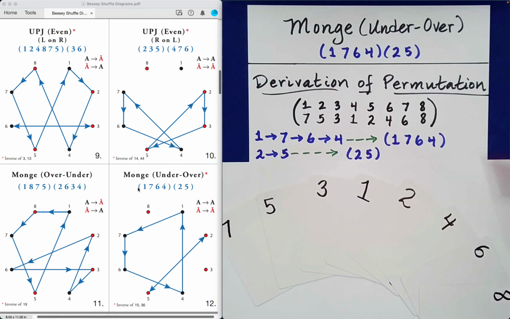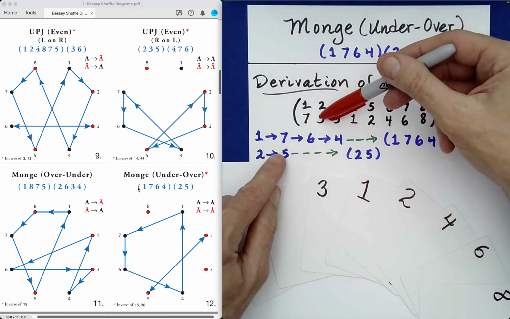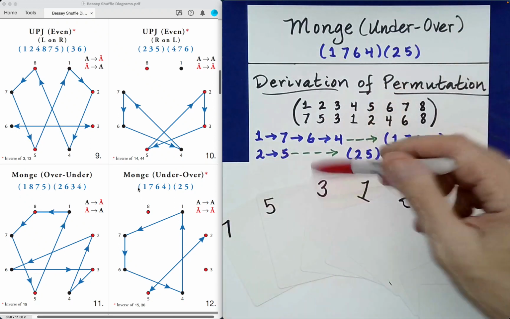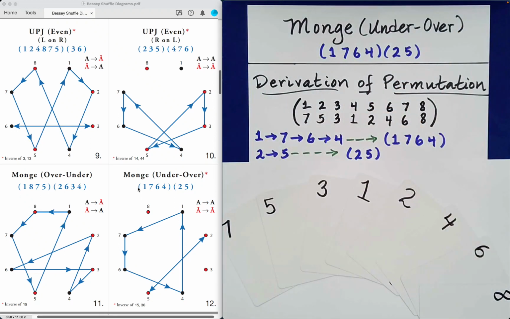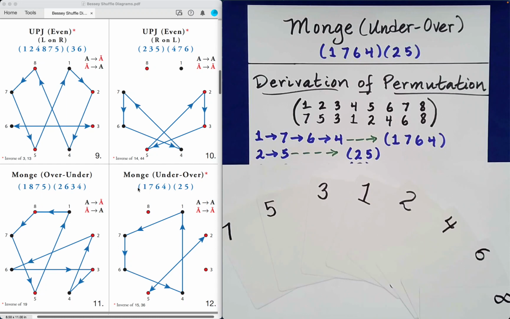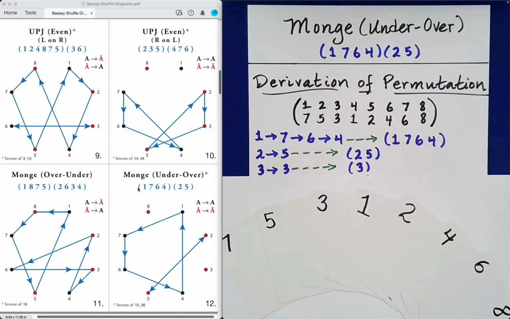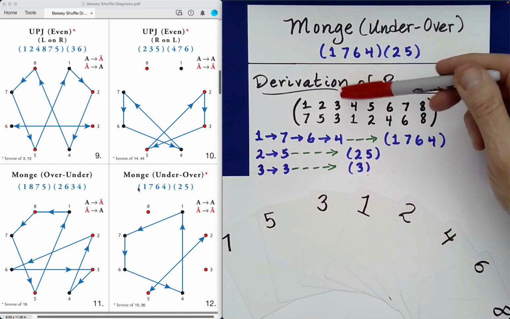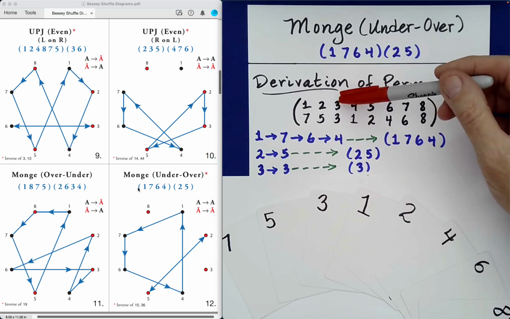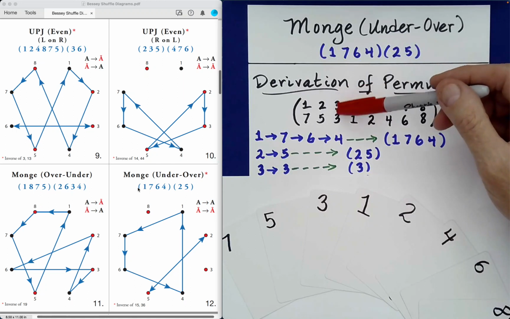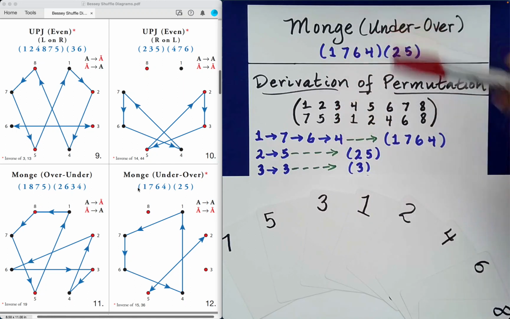Now what about 2? 2 gets sent to 5, and 5 gets sent to 2, so that gets closed off as a cycle. So we have a transposition there, 2, 5. And then whatever's in position 3 will stay in position 3 after the completion of this shuffle.